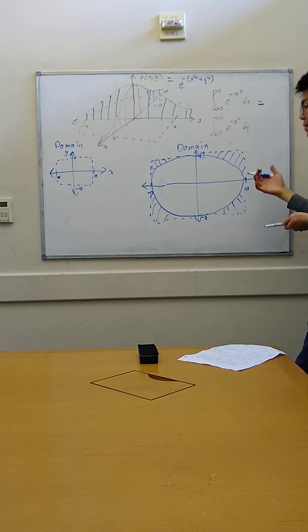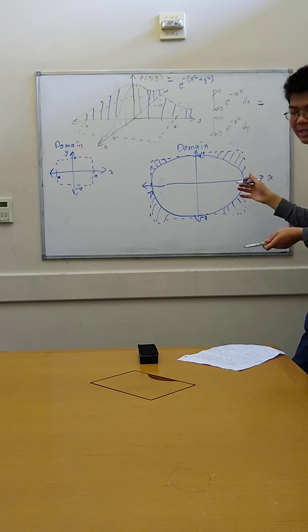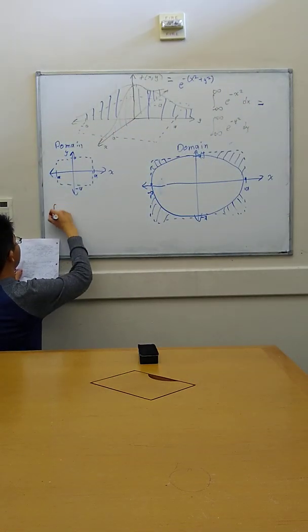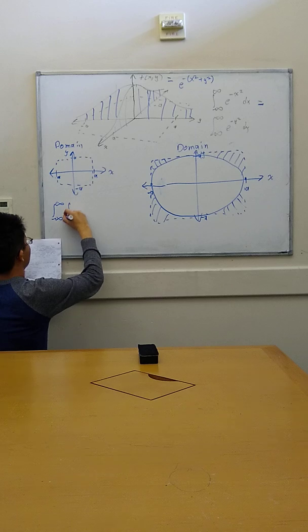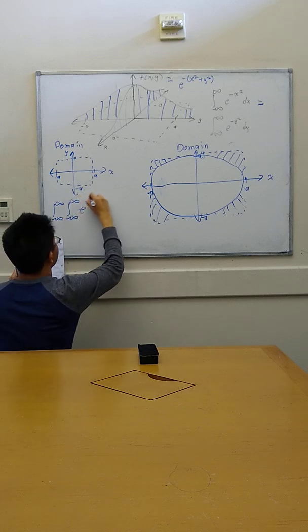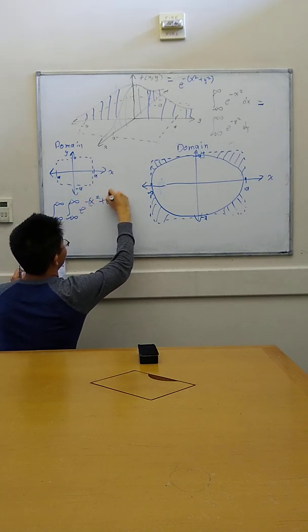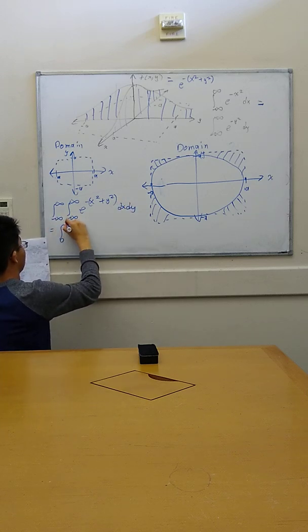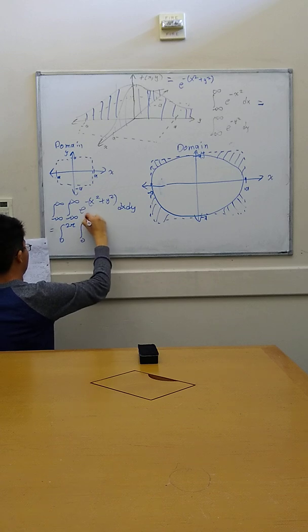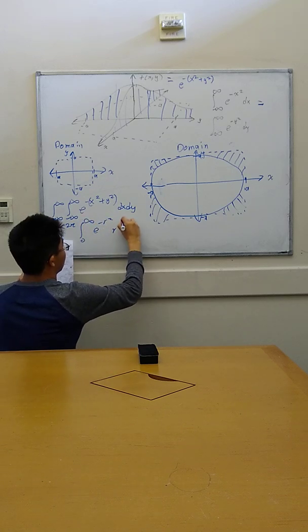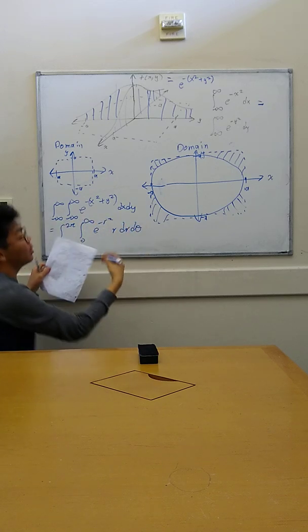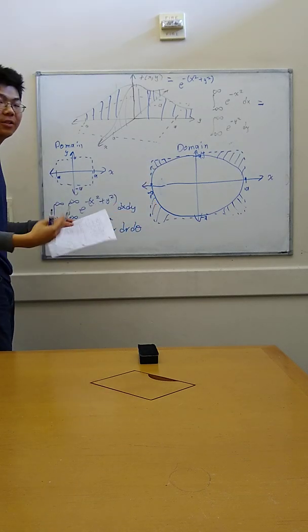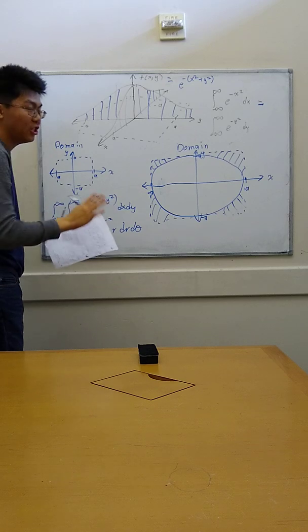So we can get the same answer by converting to polar coordinates. That's why we could have done this, because this function allows us to do this very easily without any change in the values.